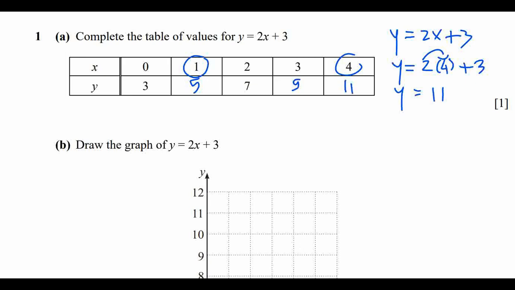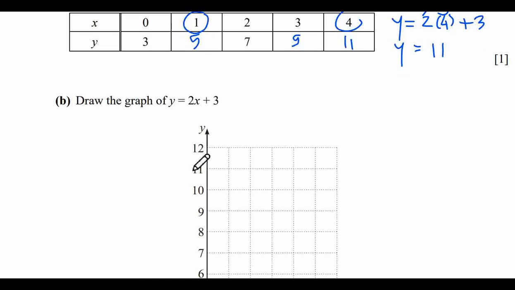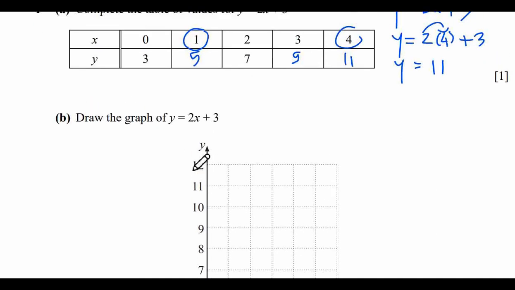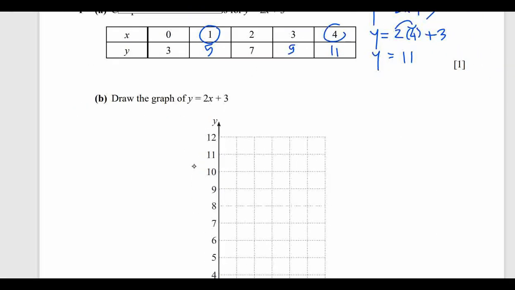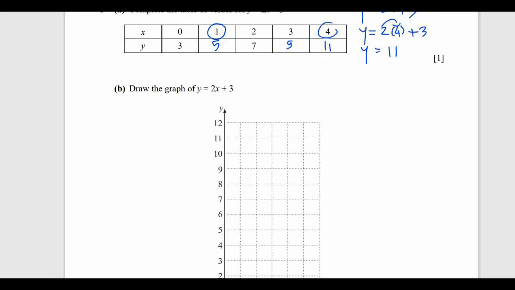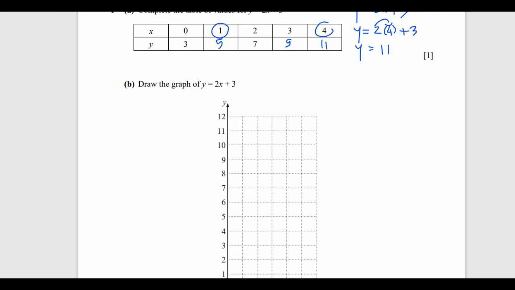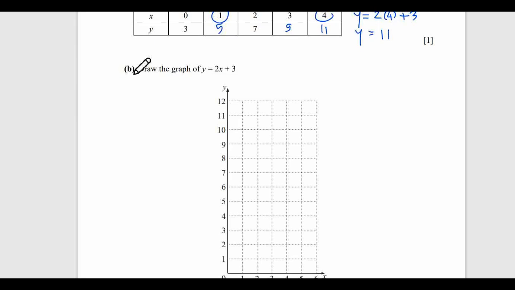Here we go. Now draw the graph of y equals 2x plus 3. So we just have to plot these coordinates in the given graph. So 0 is to 3 here, 1 is to 5, 2 is to 7, 3 is to 9, 4 is to 11.